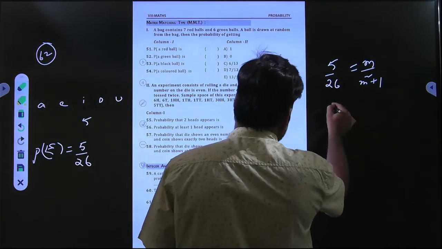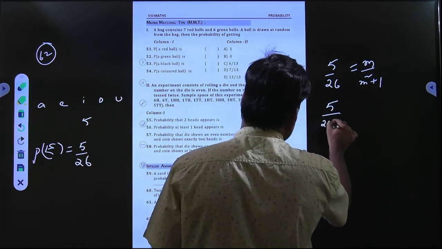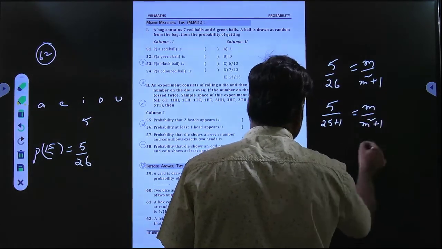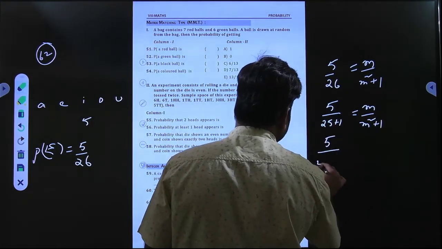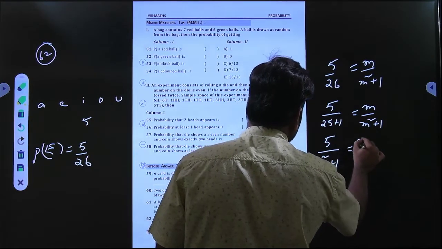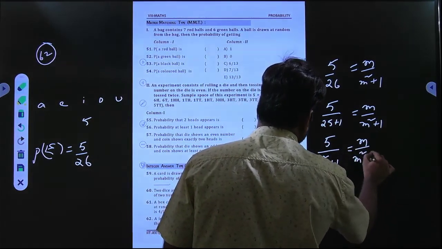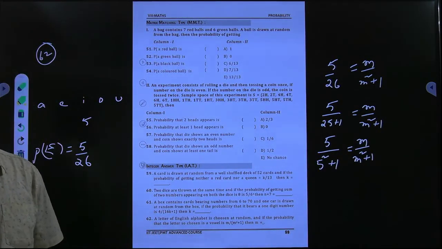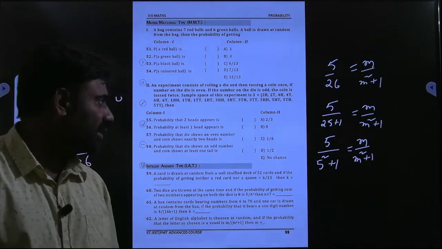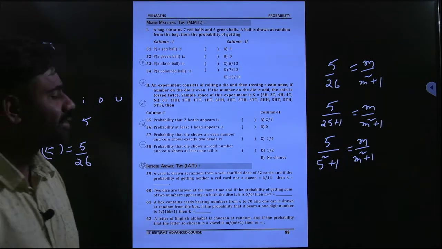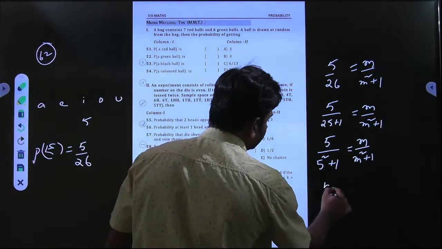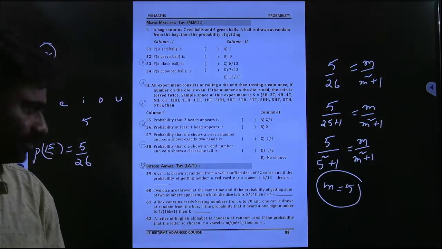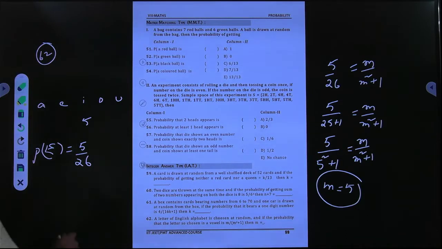Means 5 by 26 can be written as 5 by 25 plus 1, and this 25 can be written as 5 square. So 5 by 5 square plus 1 is equal to m by m square plus 1. On comparing both LHS and RHS, we get the value of m is equal to 5. The required answer is 5. Okay, students, next question.